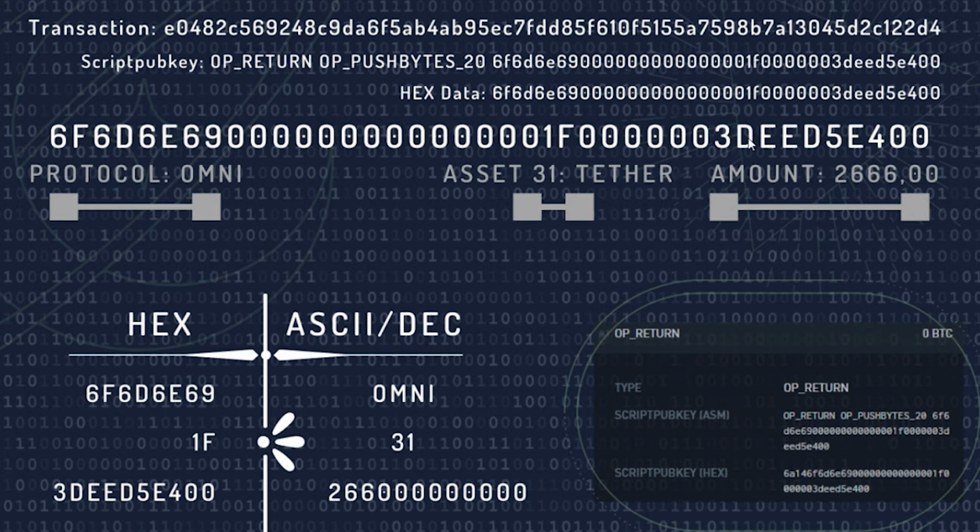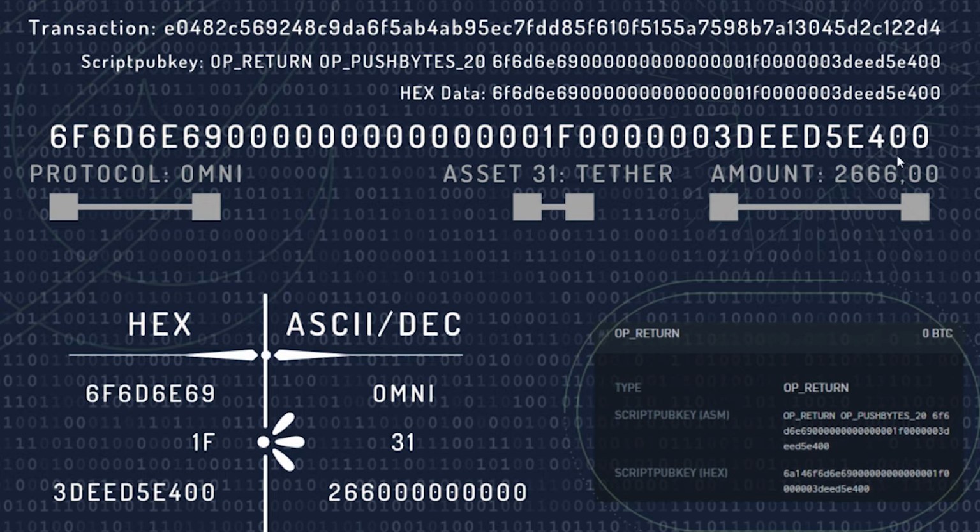Now let's decode this 3D EE D5 E400. We have it here. It translates to 2660 and 8 zeros, which is basically the amount, taking the decimals out; Tether has 8 decimals. So the value is 2660.